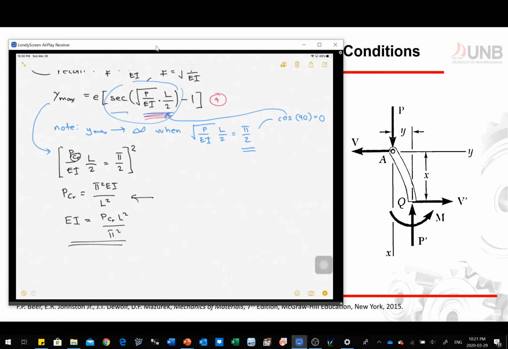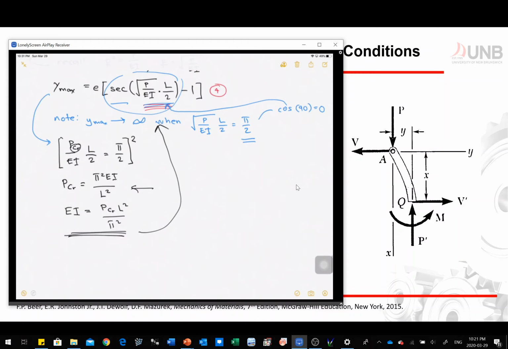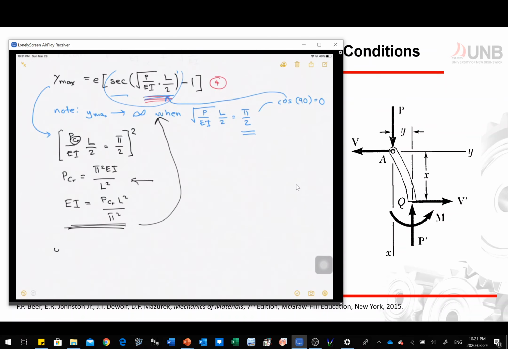Now we're going to use this EI right here and substitute it back to equation number 4. We're just manipulating the equation in order for us to get a form which we can use in different problems. So once we substitute EI into our y max, we have y max is equal to e.